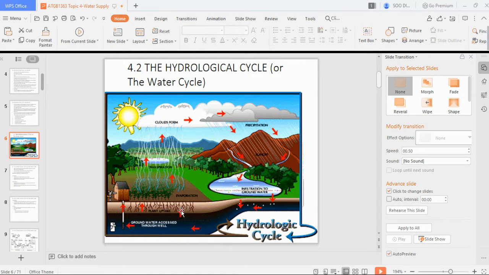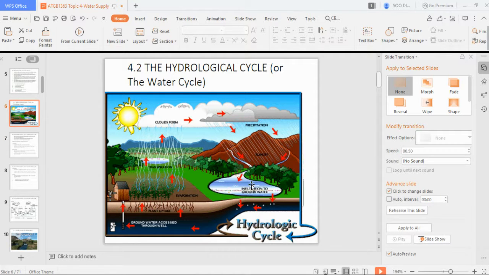This process from ground to cloud is evaporation, or it can be from the ocean. So the groundwater evaporates and becomes cloud, and when it gets dense enough, the cloud will rain, which is precipitation. Then it will reach the land and run off into the lake or the ground, and after that it will go into the groundwater. And as a plant takes up the water, all this process will repeat again. So this is the water cycle.